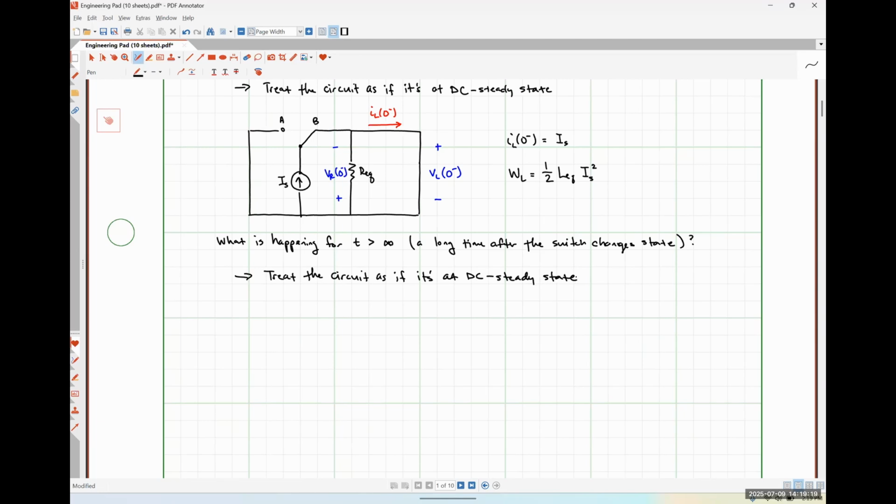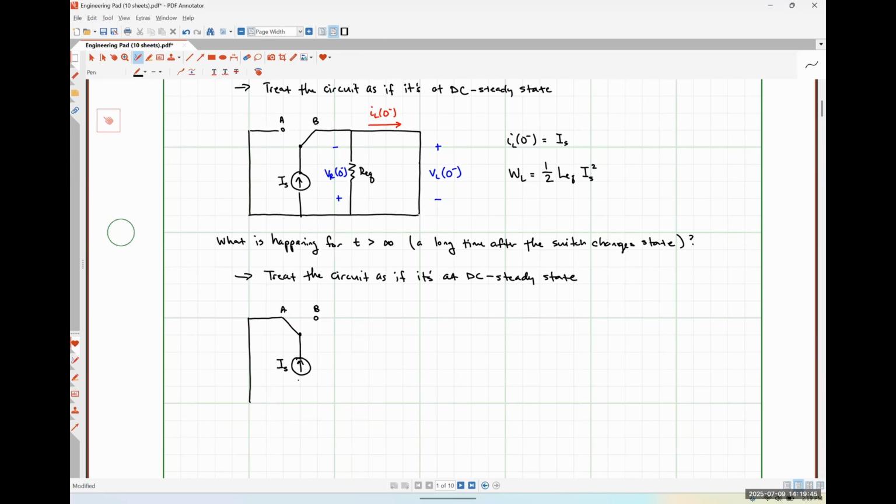In this case, since we're a long time after the switch has been closed at position A, our new circuit should look something akin to this. Here is our switch closed at A. B over here is now open circuited.